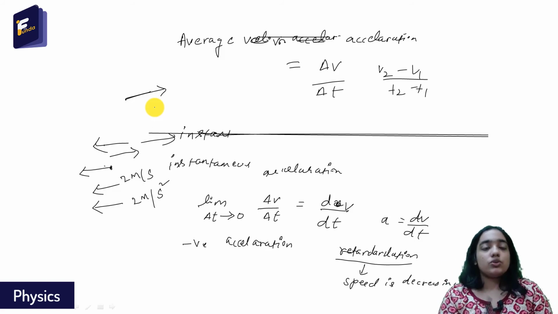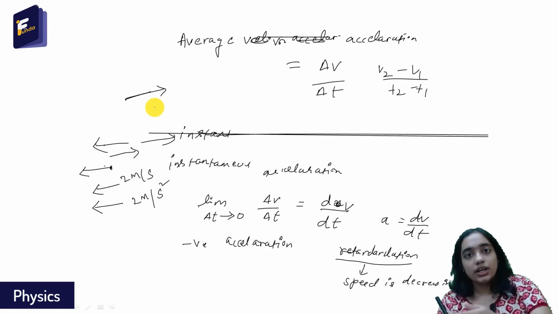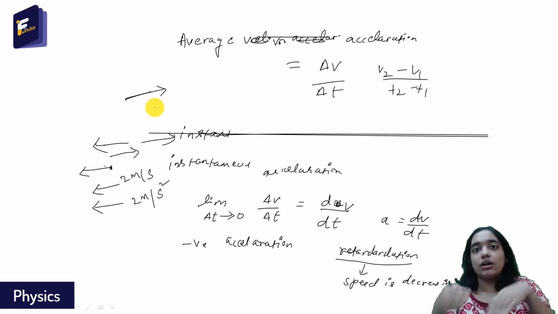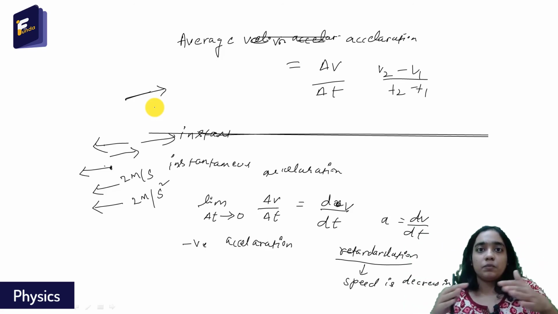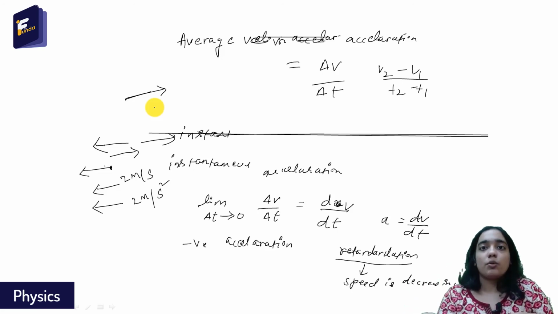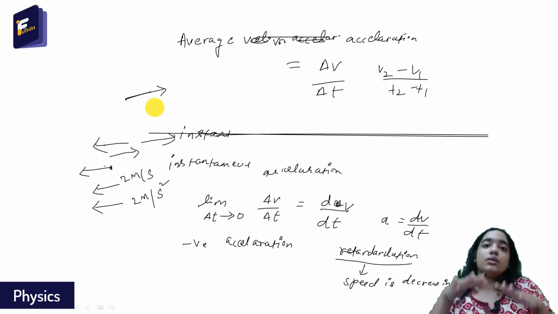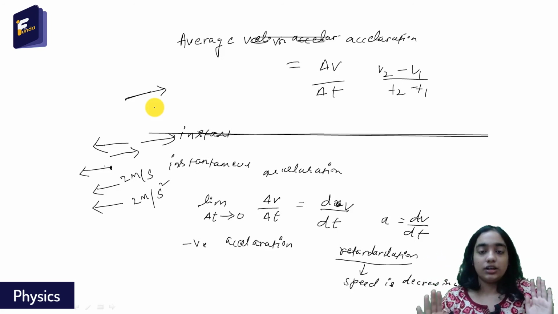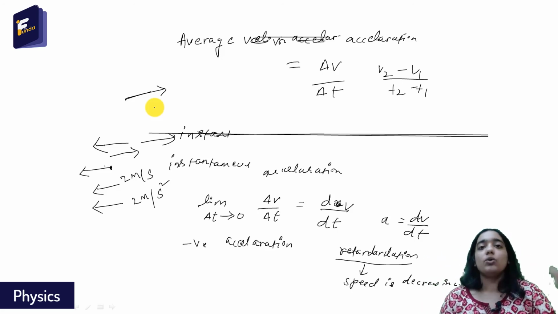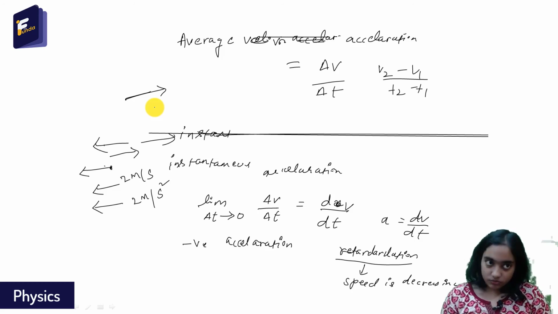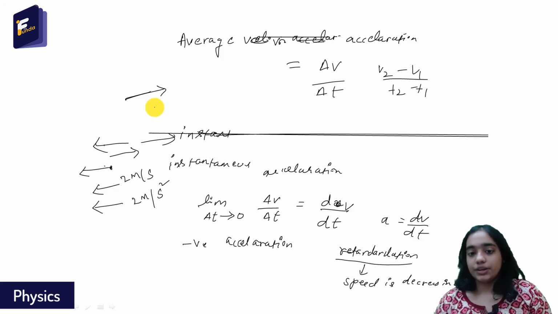If one is positive and one is negative, then the speed is decreasing. This is how you have to remember it, not the thing which is written.